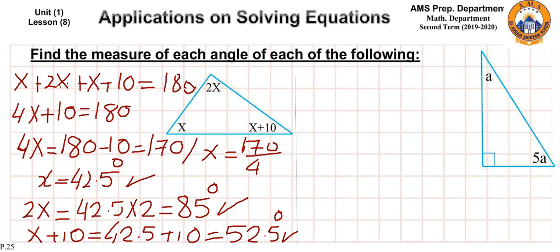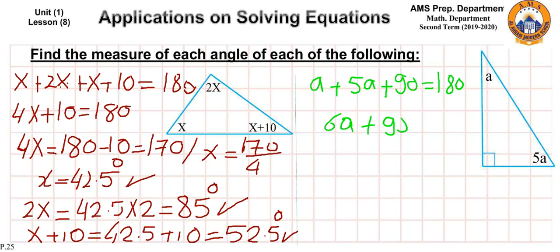Okay, we have a plus 5a plus 90 equals 180. Now we will collect the like terms, so we have 6a plus 90 equals 180. 6a will be equal to 180 minus 90, which equals 90 degrees.